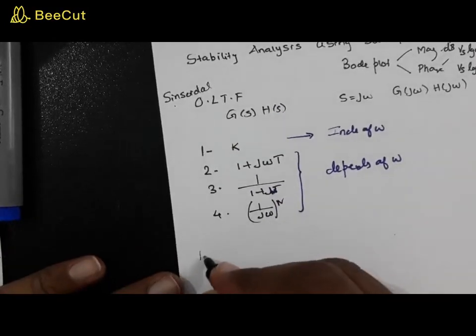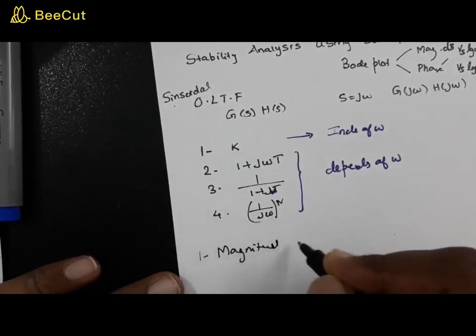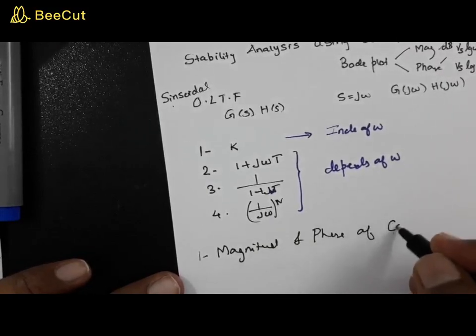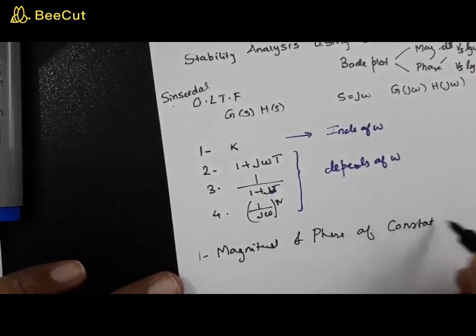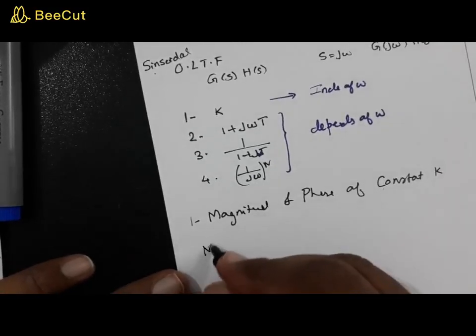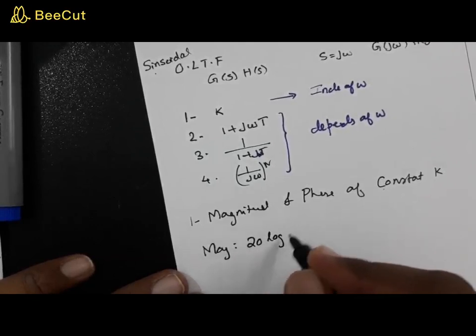So number one, magnitude and phase of the first term, which is the constant k. Let us start with the magnitude. The magnitude is usually represented in decibels, so this is 20 log k.